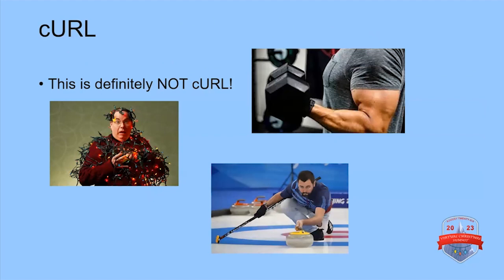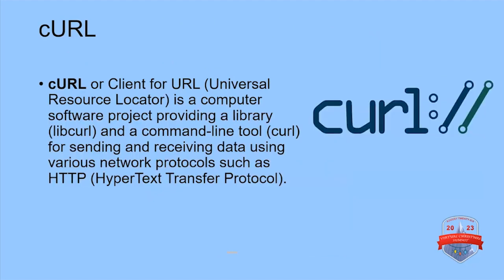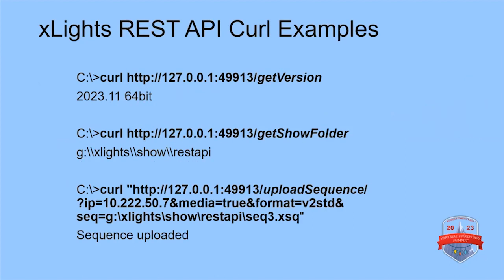Now, you can use curl, not these types of curls, okay? You need to use the client for URL that is actually in Windows, it's on a Mac, it's definitely in any type of Linux setup, but you can use curl to do API requests and get responses. And I'm going to show you a couple of examples here.